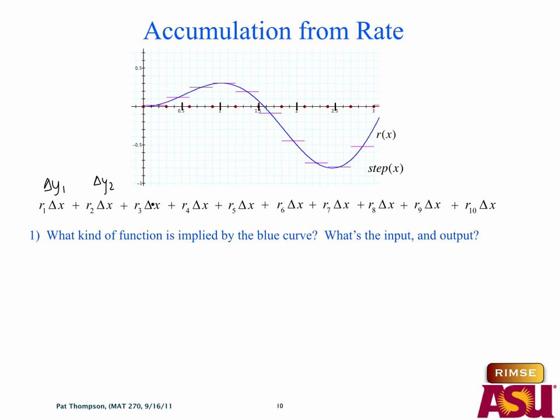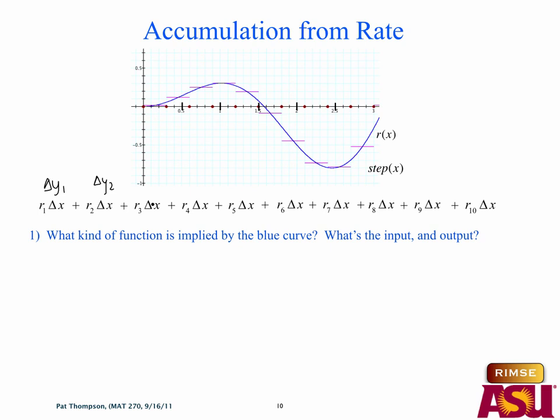So what's the input? X, right? Whatever that represents. And the output is the rate at which some quantity is changing with respect to X. Okay, so I haven't given you variable names, right? I haven't told you what X represents. I haven't told you what Y represents.